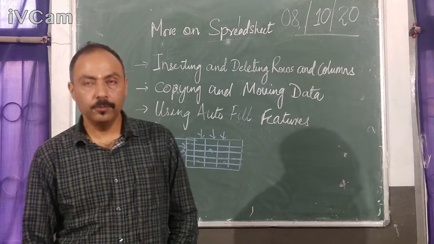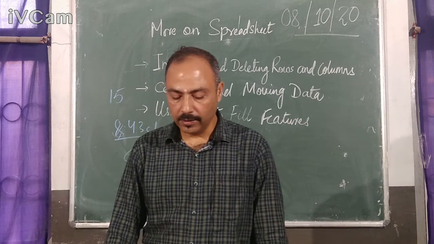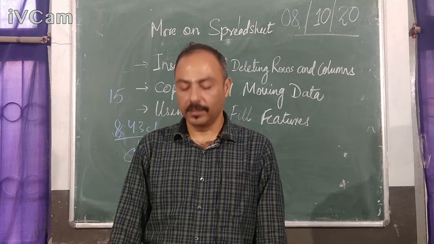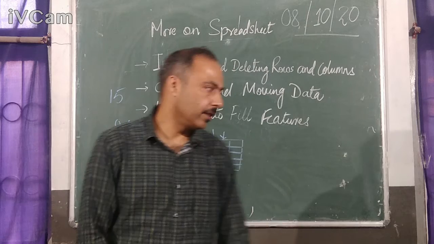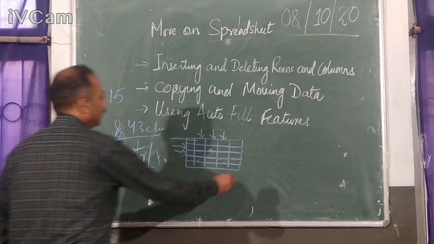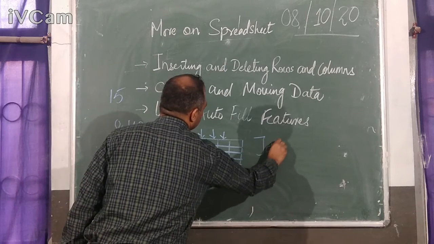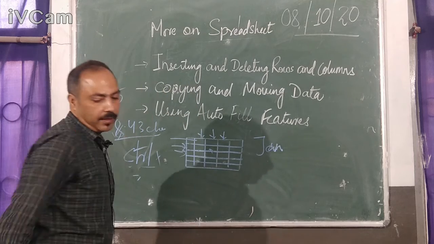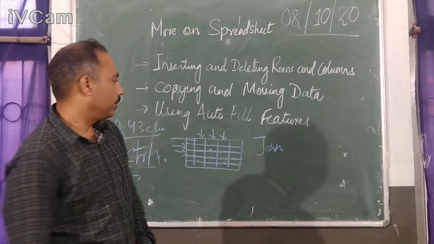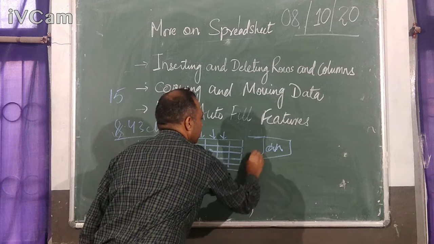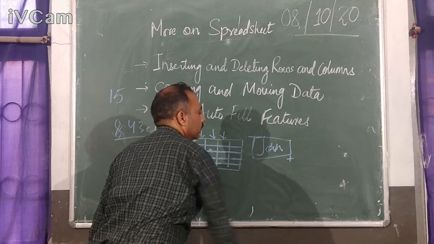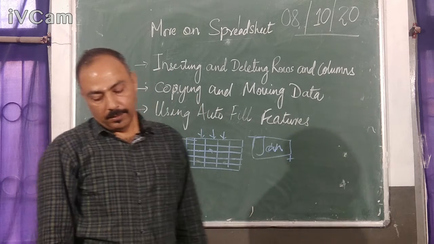Suppose you want to write the names of the months, that is January, February, March, April. You can just type January, and select the cell, a thick plus sign will come.